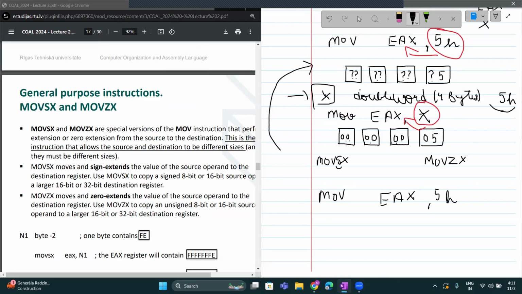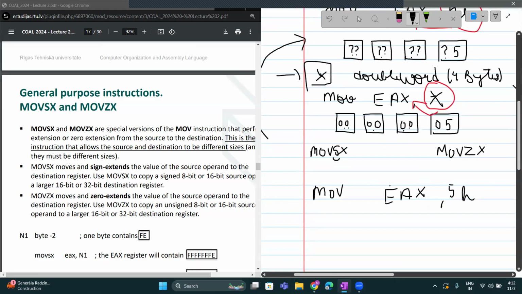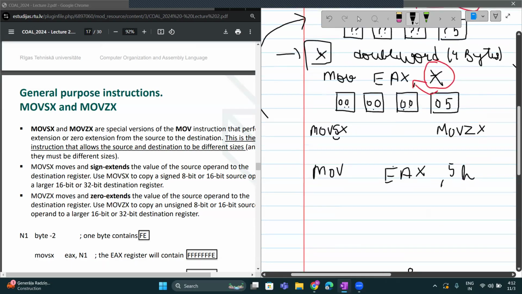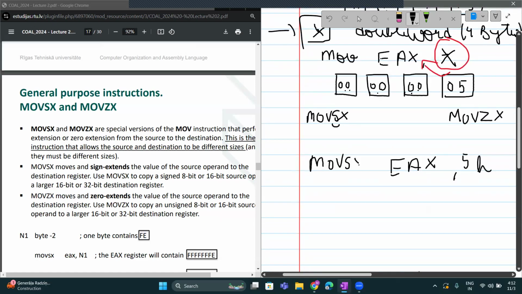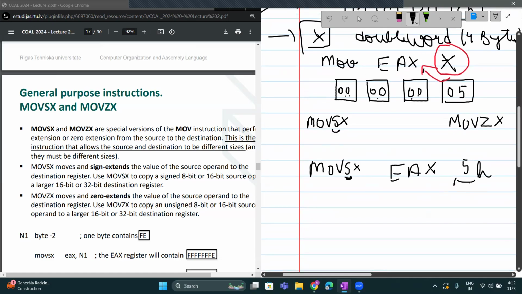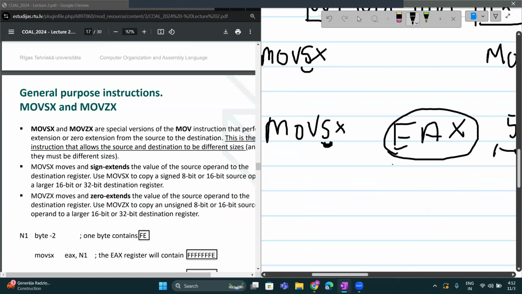But when we use movsx, it sign extends the value to the full register.